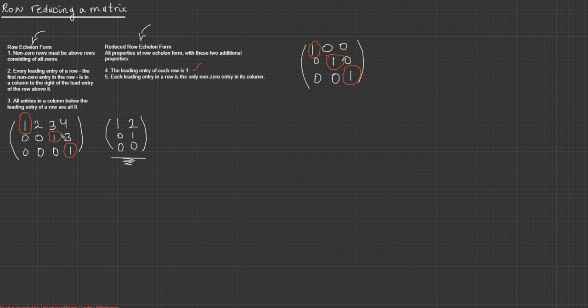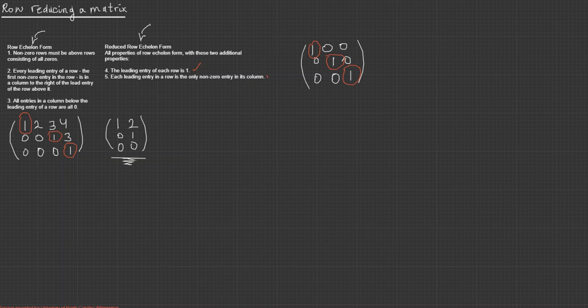So contrast that with the row echelon form. Looking at this first matrix, notice that we have some non-zero entries above these leading entries. Like here with this one, we have a 3 above it. And similarly with this one here, we have a 3 and a 4.